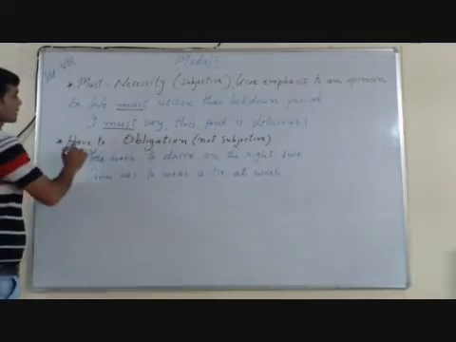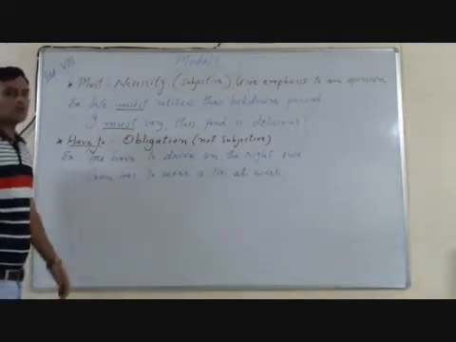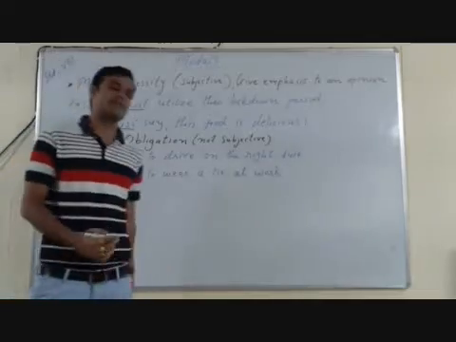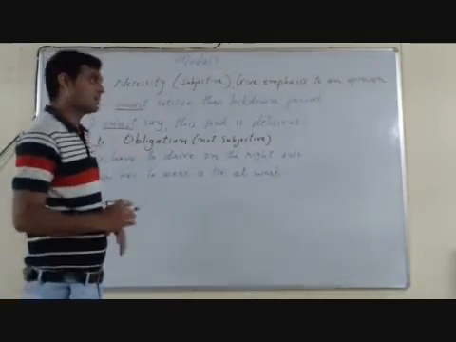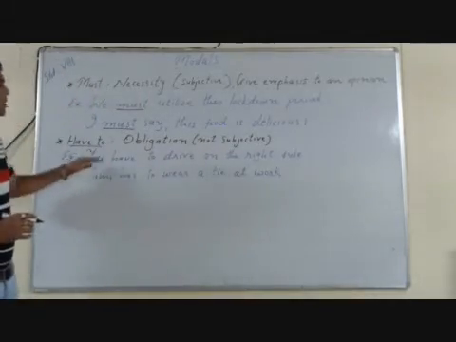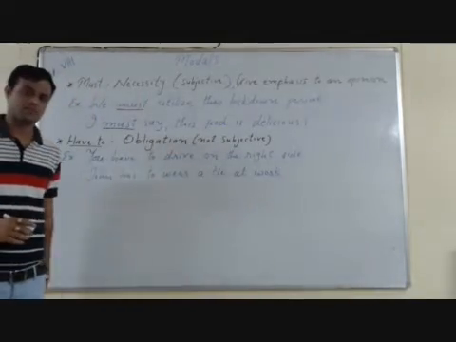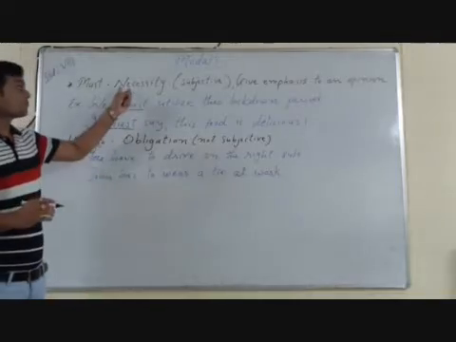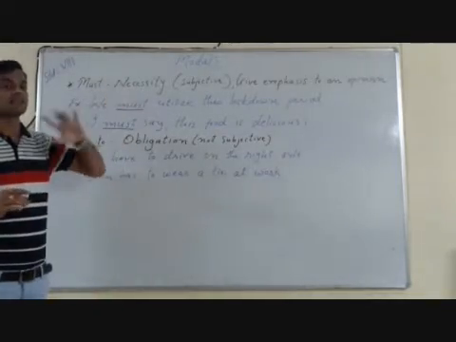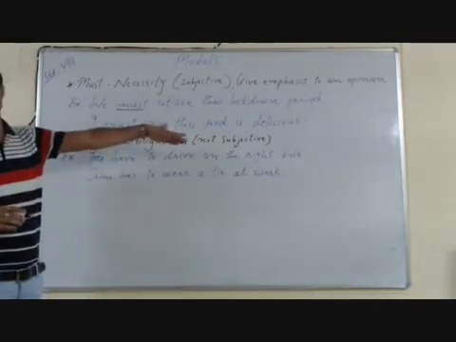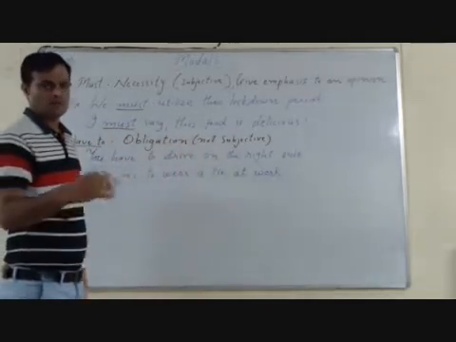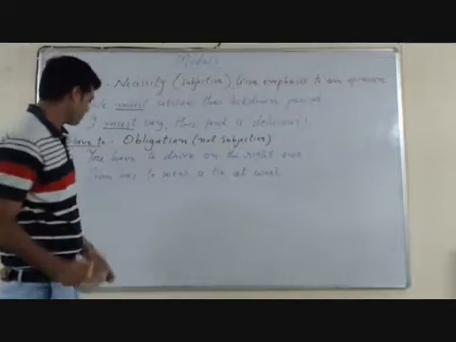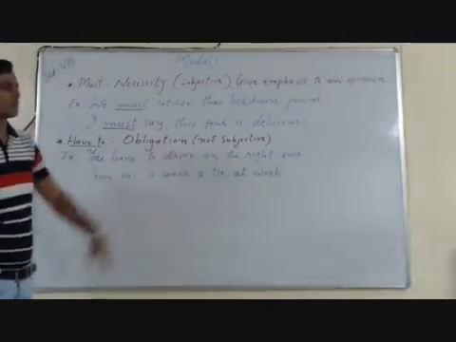Next comes have to. Have to is used to express obligation, and this obligation is not subjective. See the examples. You have to drive on the right side. Here the speaker is not expressing a personal feeling; it is not subjective.